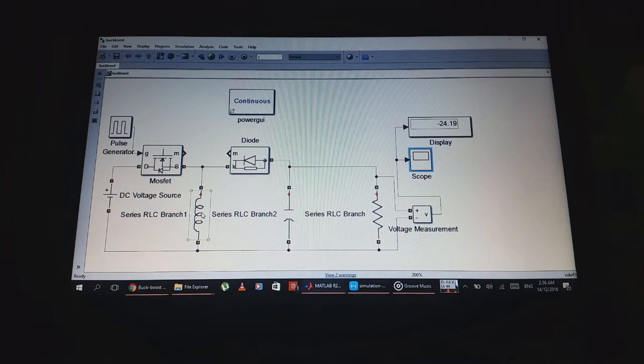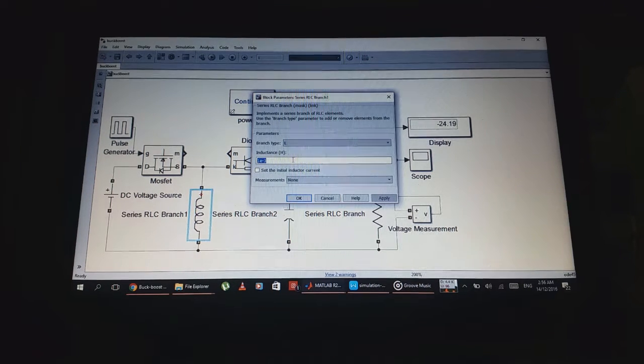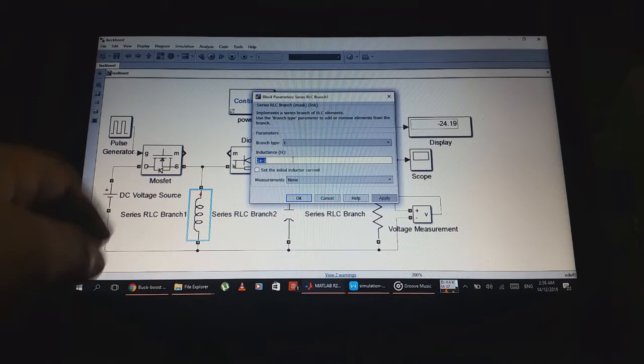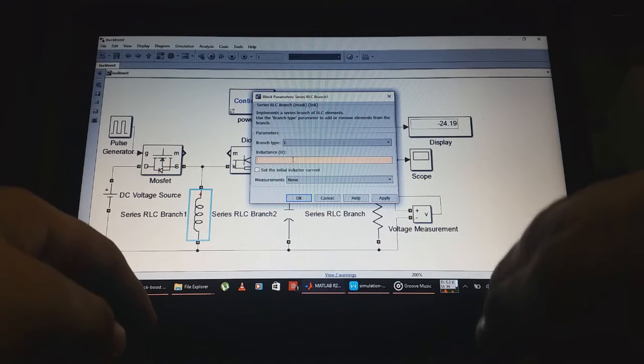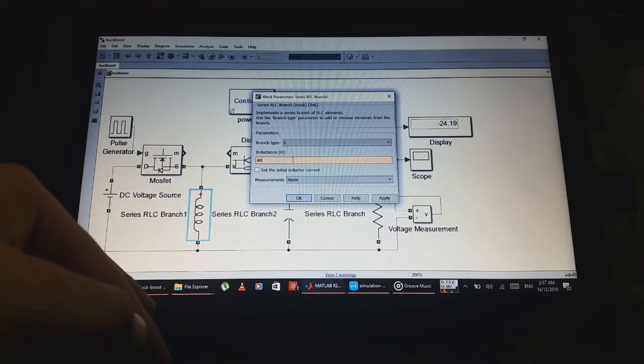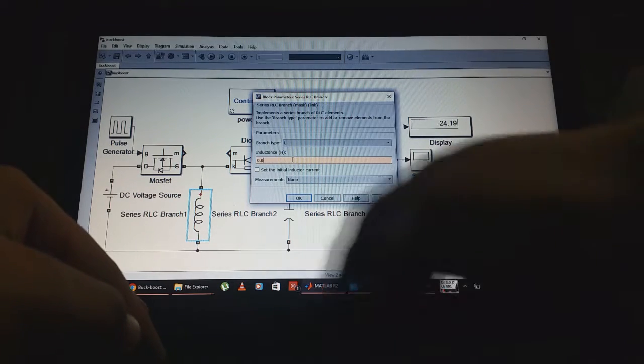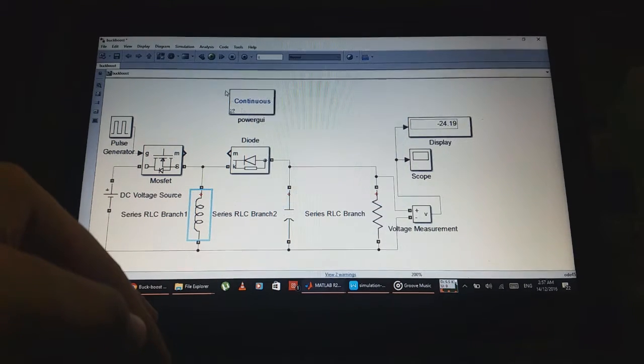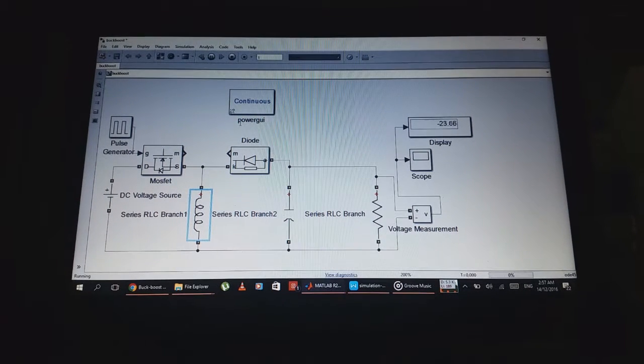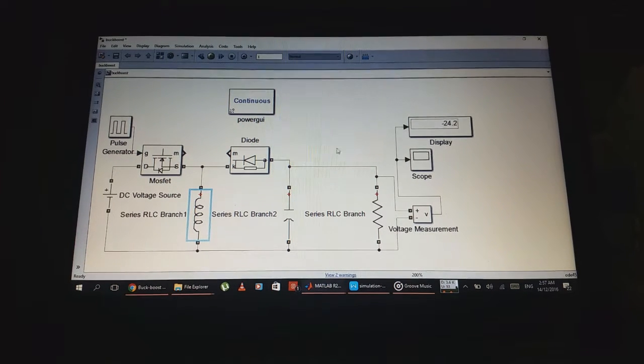The second requirement we focus on 80 milli, right? So I say 80. Sorry, I put 0.08. Okay, then we just run it again. As you can see, the displays are moving. The same steps are taken. Okay, the display shows negative 24.2.